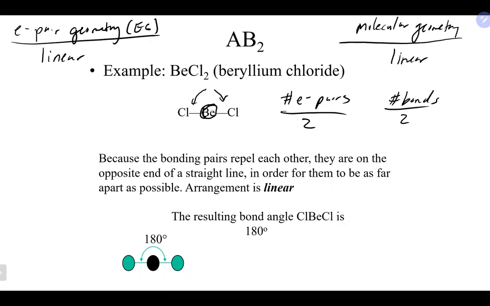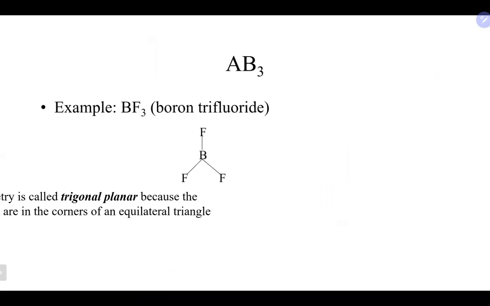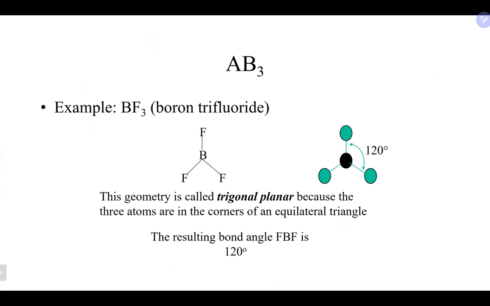So once again, they're bonding electrons. So those 2 atoms are just going to go away as far as possible, on opposite sides of each other. And we end up with a bond angle of 180 degrees in this case. So 2 electron pairs and 2 bonds, the electron pair geometry is linear, and so is the molecular geometry name. The next geometry is one where we have 3 things bonded to the central atom.